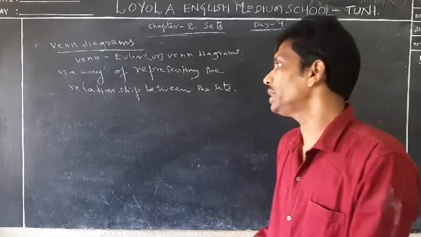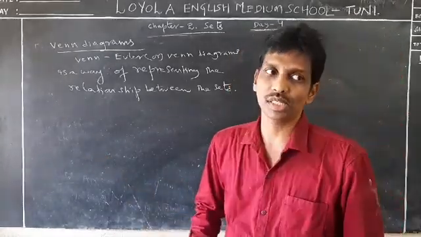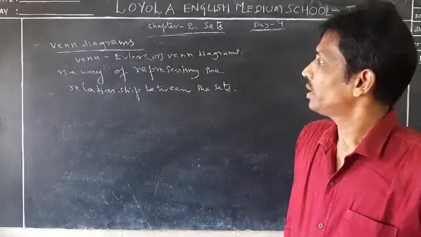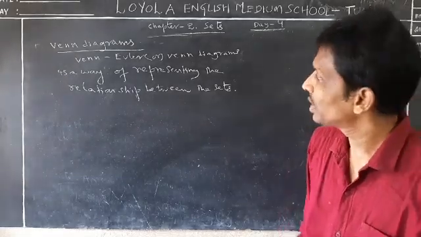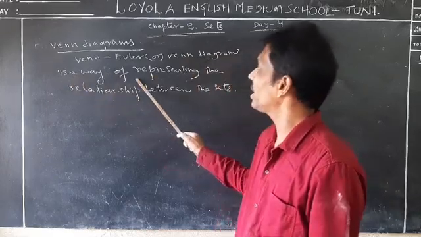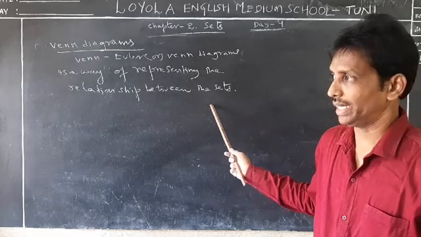But most probably, Venn gave most of the valuable suggestions to draw the Venn diagrams. So that's why usually they are known as Euler Venn diagrams, or simply you remember Venn diagrams. A Venn diagram is a way of representing the relationship between sets.